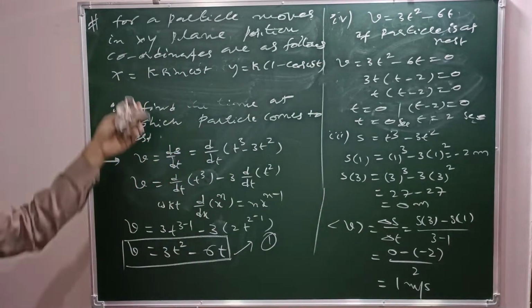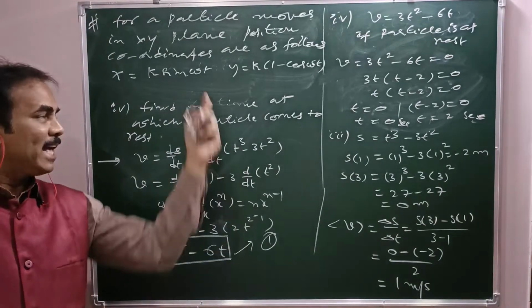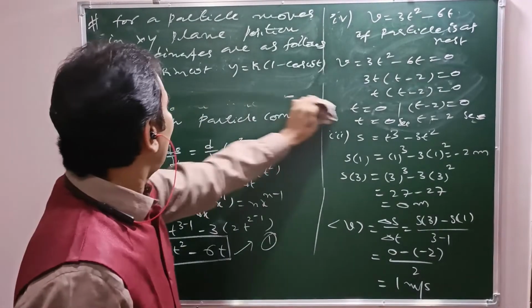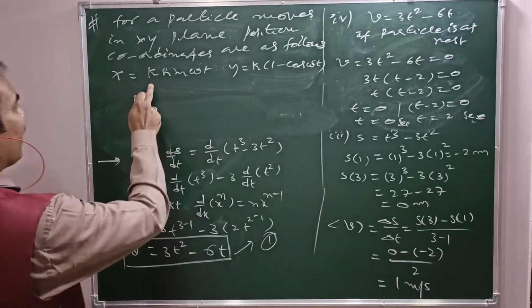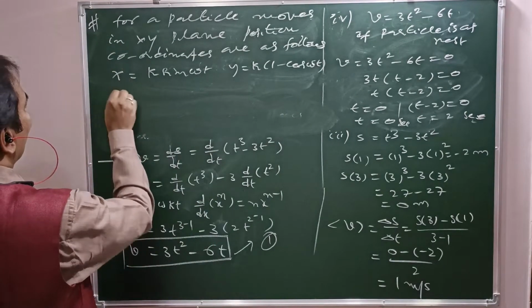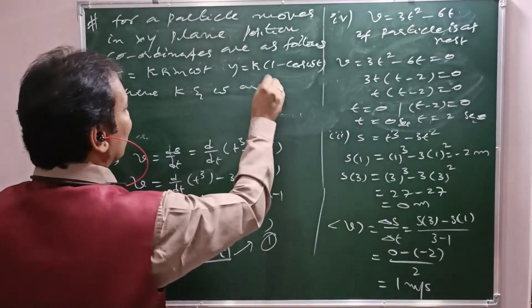Here we have two position coordinates for a particle in motion in the xy plane. Where k and omega are constants.